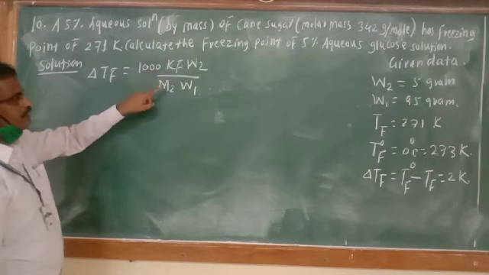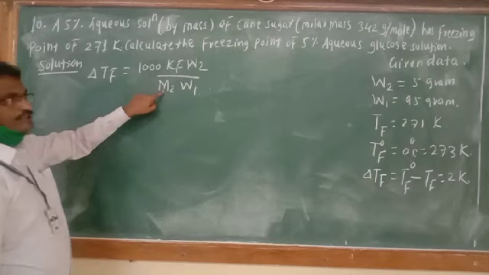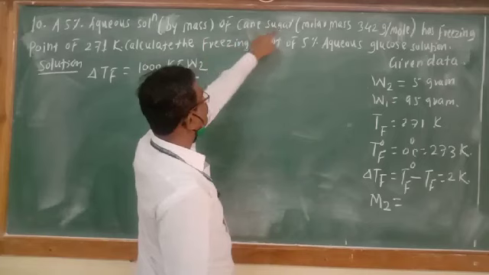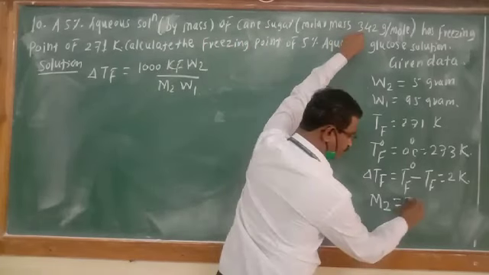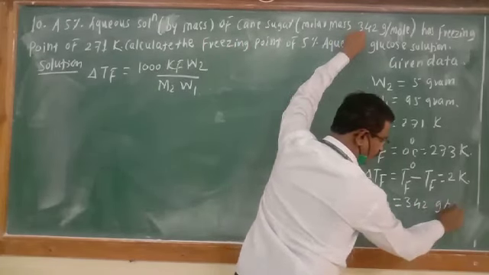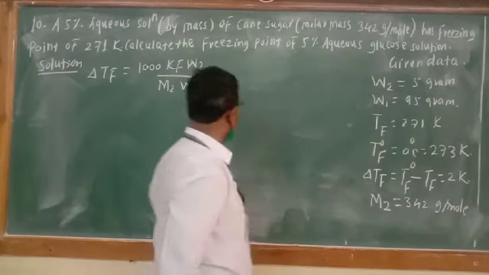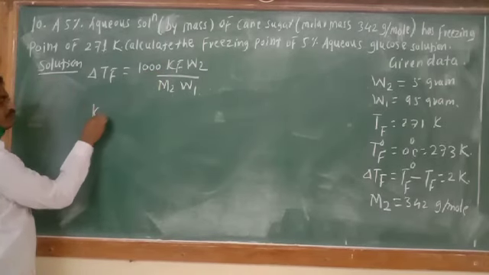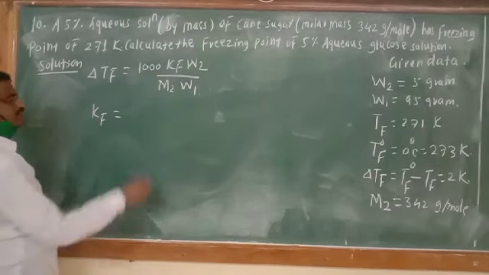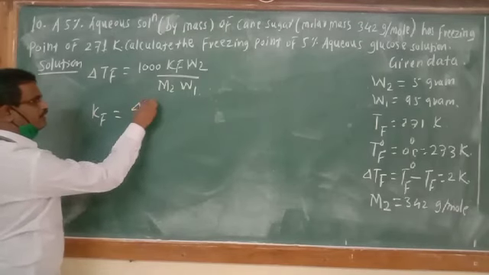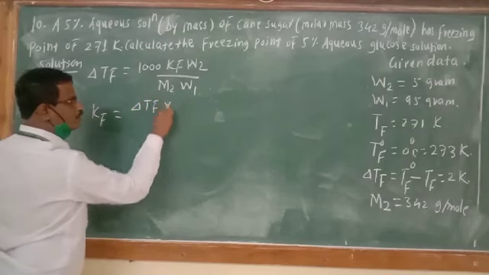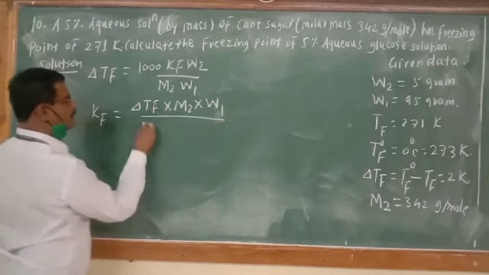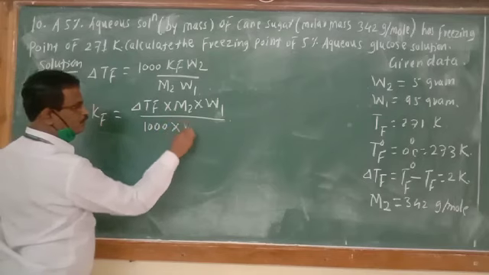M2 is the molar mass of solute, that is given, 342 gram per mole. Therefore Kf, molar depression constant, will be equal to delta Tf into M2 into W1 divided by 1000 into W2.